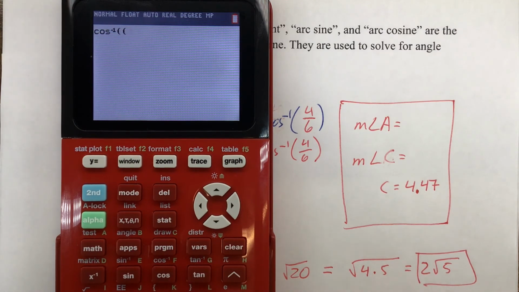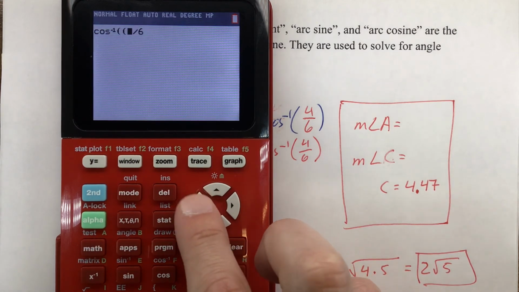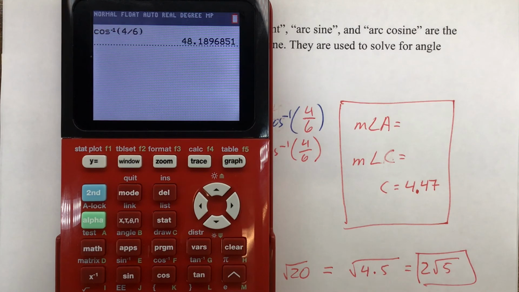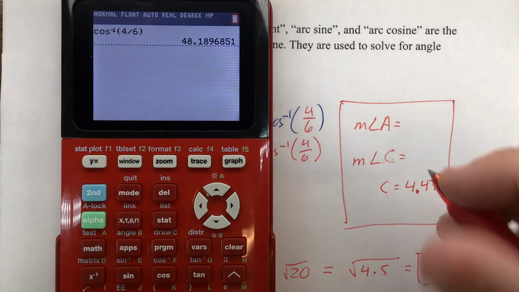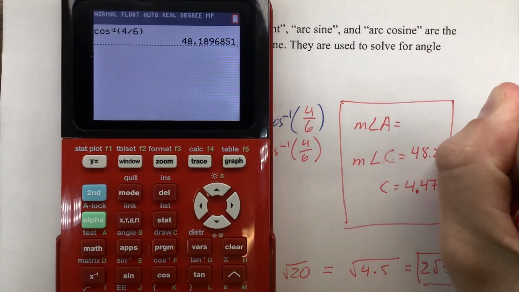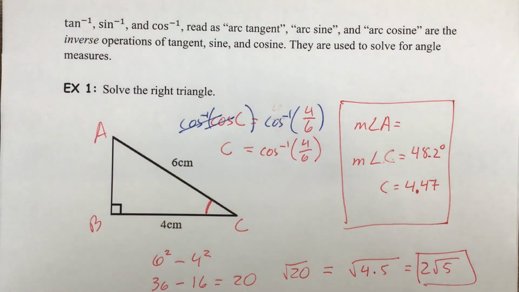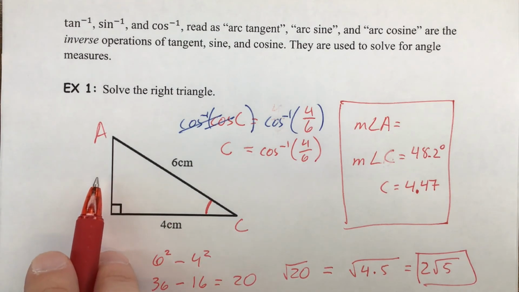All right, and then inside of that, I'll just type in 4 divided by 6, and I get my angle, which is about 48.2 degrees.